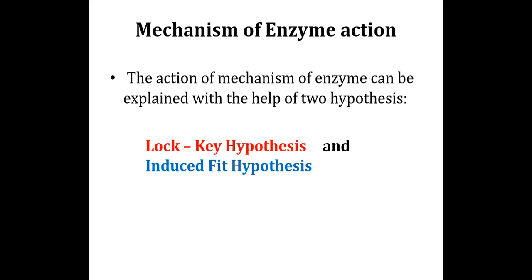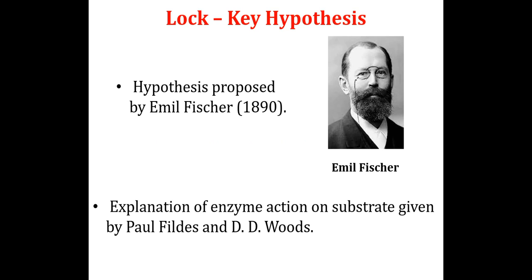The mechanism of enzyme action can be explained with the help of two hypotheses, the lock-key hypothesis and the induced fit hypothesis. The lock-key hypothesis was proposed by the scientist Emil Fischer in 1890.